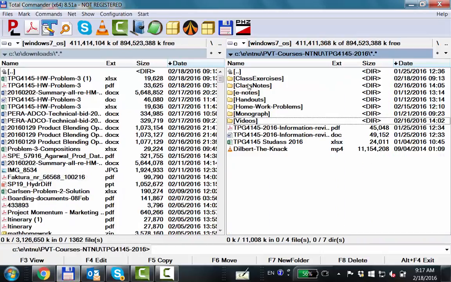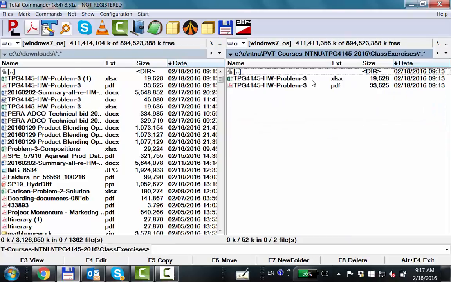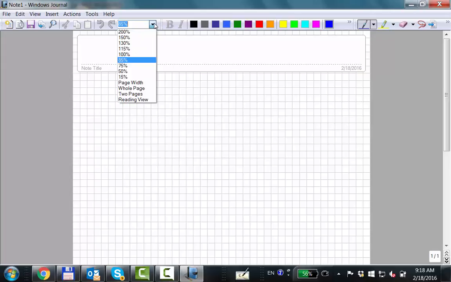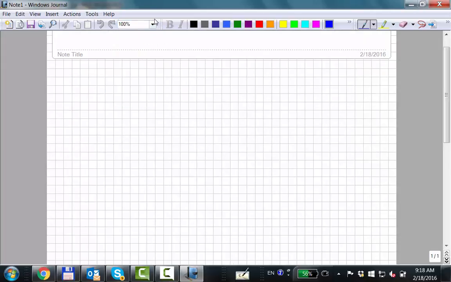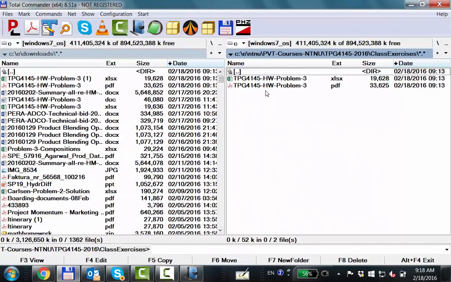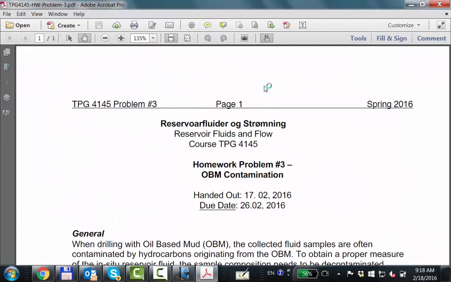Okay, so I thought I would go through just this problem 3 because in lecture we did talk about the topic oil-based mud contamination, but not in any great detail.